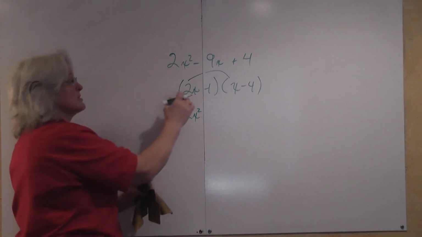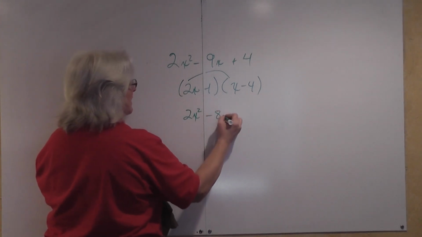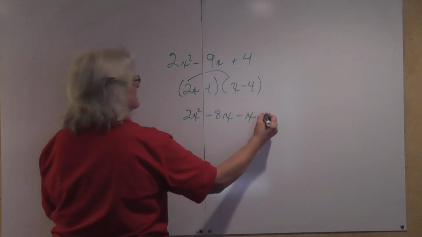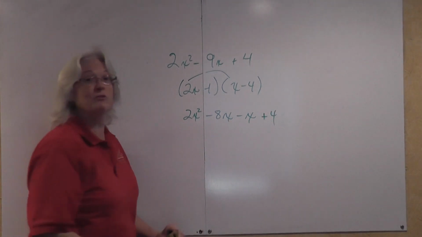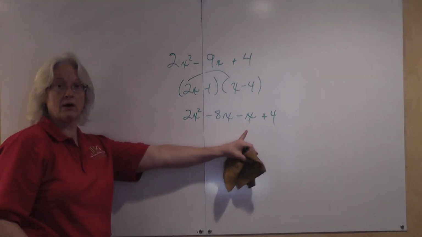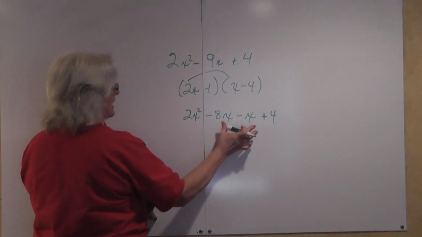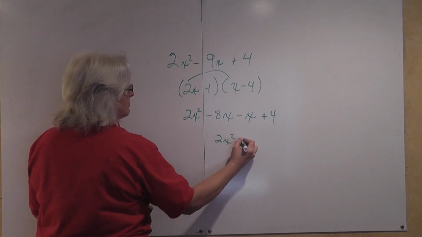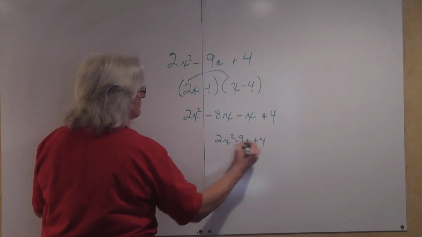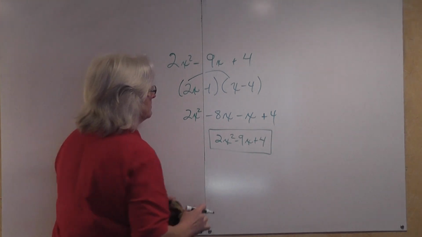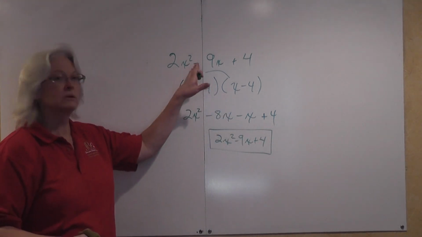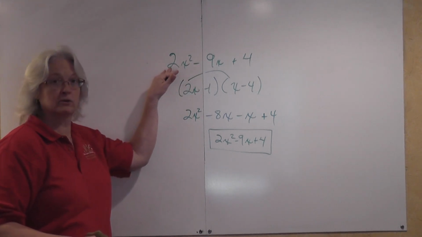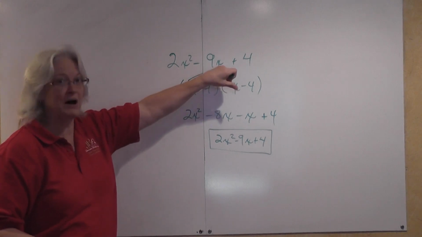Of our outer terms, 2x times -4 is -8x. Our inner terms is -x. Negative 1 times the negative 4 is a positive 4. We combine our outer and inner terms, the like terms, outer and inner partial products, which are like terms. 2x squared minus 9x plus 4. That is the check to show us that we did, in fact, correctly factor the trinomial 2x squared minus 9x plus 4.